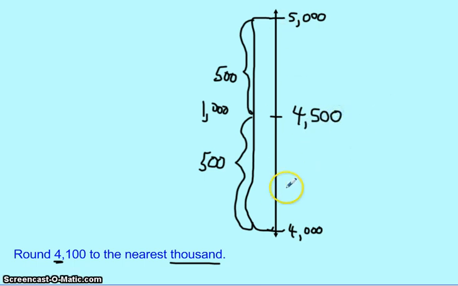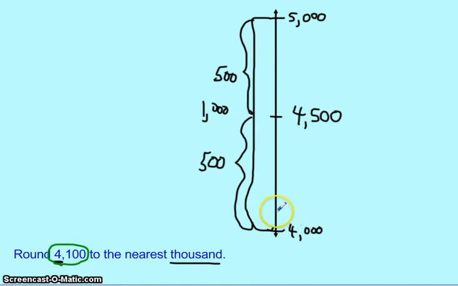So why is this important? Now on our vertical number line, we have an idea of where we can place numbers. 4,100 is the number we wanted to figure out if it's closer to 4,000 or 5,000. So right now, pause this and put on this vertical number line where you think 4,100 should end up.